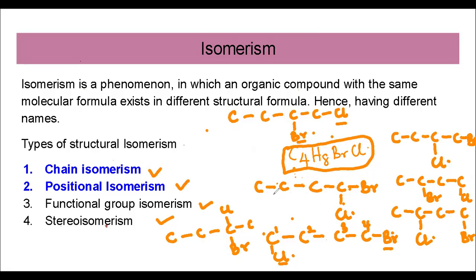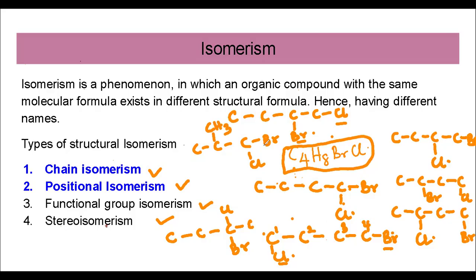Now, because we have four carbons here, you can also branch off your carbon as well. So I can draw more, branching off my carbon atom, reducing it to three, having my bromine and chlorine on the same carbon.